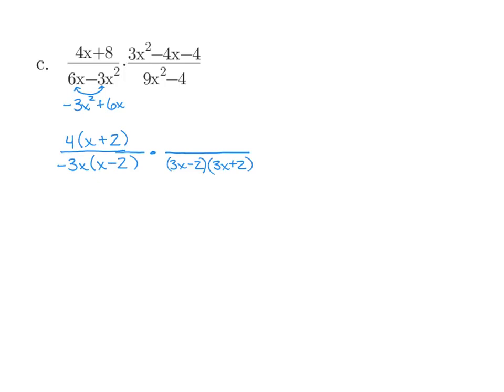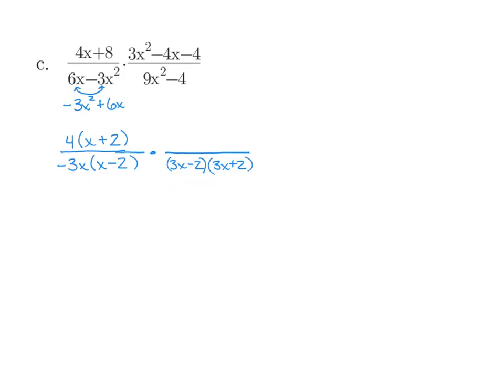Now, one thing, if you're paying attention, is nothing's canceling so far. So we need to keep in mind the top when we factor this. If I want to do maximum cancellations, I want to choose factors from the bottom.